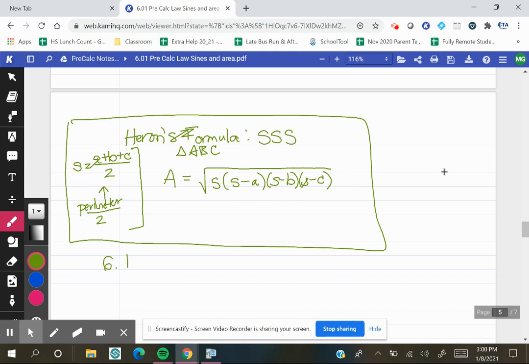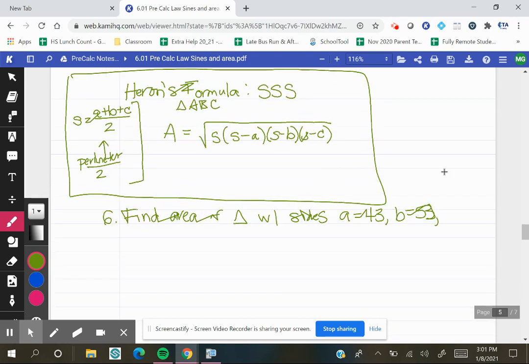So find the area of a triangle with sides A equals 43, B equals 53, and of course, they don't have to be called A, B, and C. You would just adapt it to whatever letters you have in the triangle.